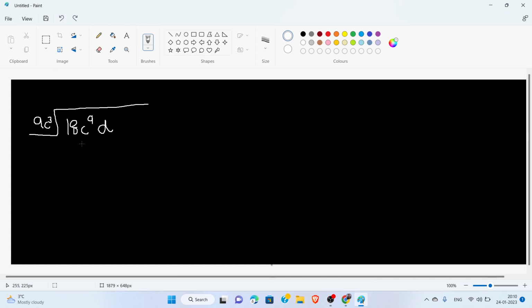Anyway, let's continue now. So this is dividing a monomial by a monomial. This is not very tough. What we have to think about is what can we multiply 9c cubed by such that we get 18c to the power 9d. And since this is a monomial, you don't have to use the long division method. It's better to do it like this. So 18c to the power 9d over 9c cubed.